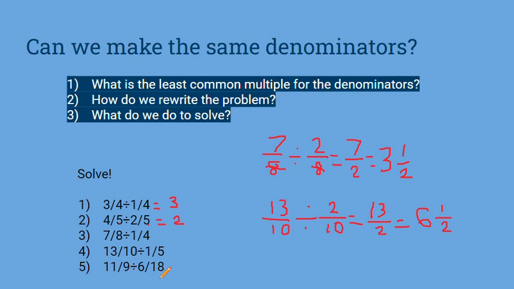Last one, same thing. They're not the same denominator. This is 18, this is 9. 9's a factor of 18. So I'm going to make that into 22/18. And I'm going to divide that by 6/18.